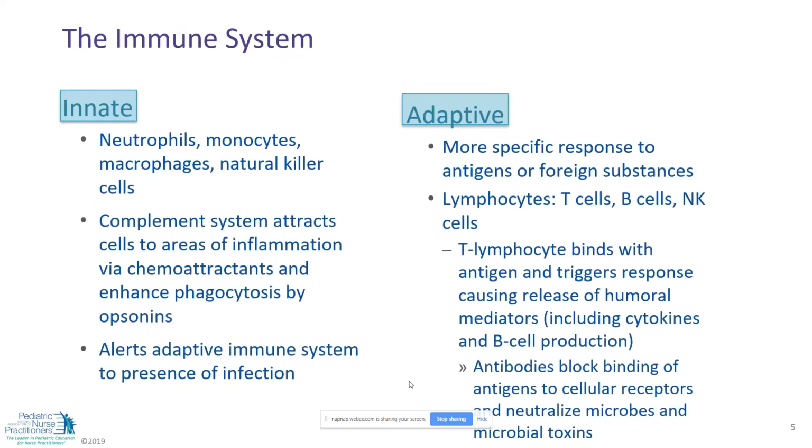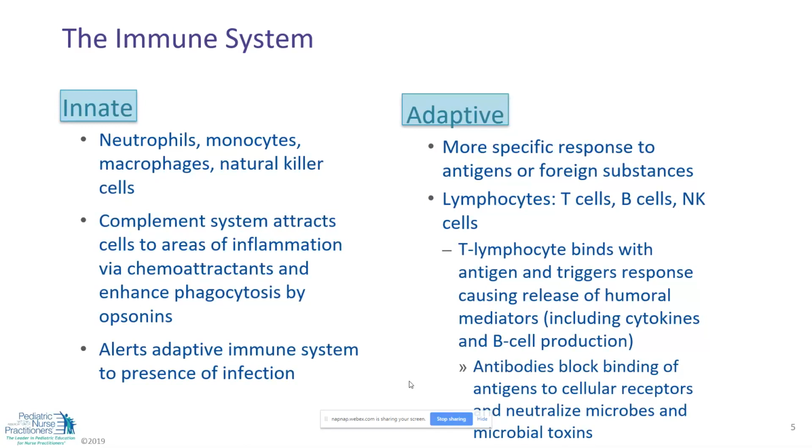In order to lay a foundation for thinking about immunologic diseases, we need to first think about the immune system. It's important to remember that there are two elements of your immune system. The first is the innate immune system, and the second is adaptive. Innate is what we are born with, and so it's our neutrophils and monocytes, our macrophages and natural killer cells.